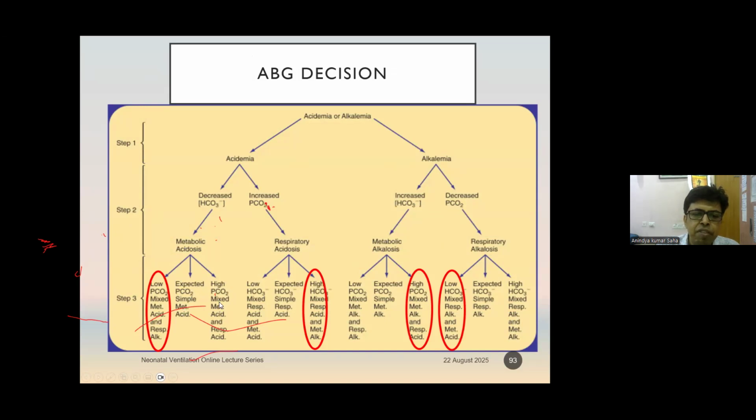But if it is high PCO2 with metabolic acidosis, then it is a mixed disorder. Low PCO2 with metabolic alkalosis is a mixed disorder, and metabolic acidosis with respiratory alkalosis is rare. Similarly, the other two are the common etiologies, either in mixed or simple presentation.